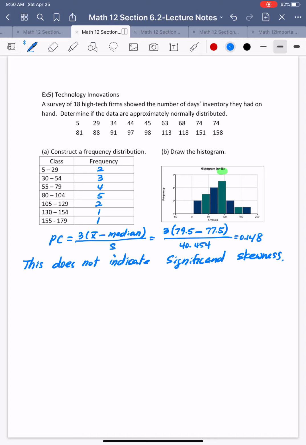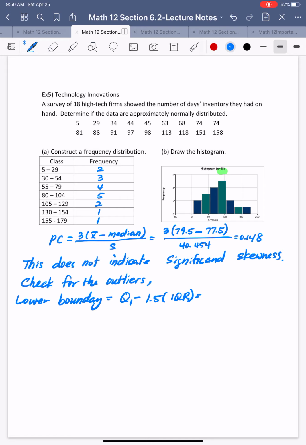Next, check for outliers. If there's an outlier, we use the formula. The lower bound is Q1 minus 1.5 times IQR, where Q1 is 45. I showed you this on the previous chapters, so please find it and do this, and you get negative 34.5.